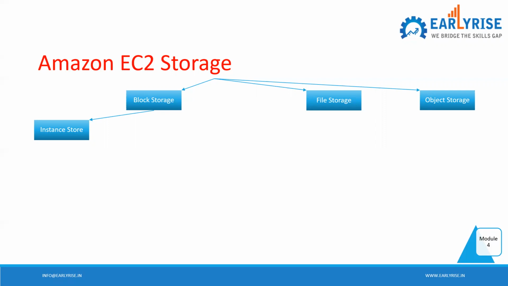You have access to that, and it is available only to the instance running on that particular physical machine. This cannot go to some other instance. It cannot be detached and attached to some other instance running on some other hardware. So just understand this is a kind of local storage.